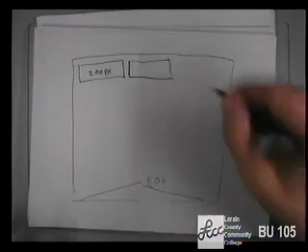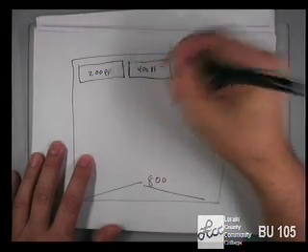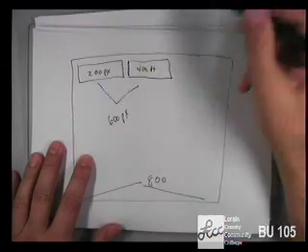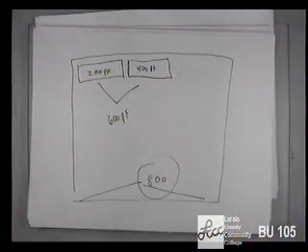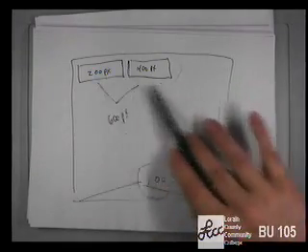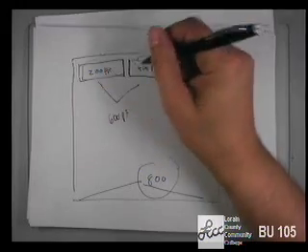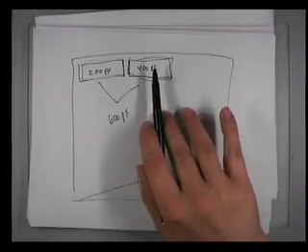So, for example, in this case, I have 200 and 400 pixels. That's a total of 600 pixels. 600 pixels will fit within 800 pixels. So, if I float both of these to the left, this guy is going to end up there, and this guy is going to end up right alongside of it.